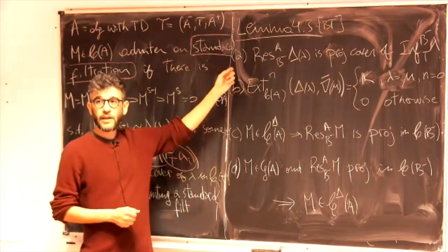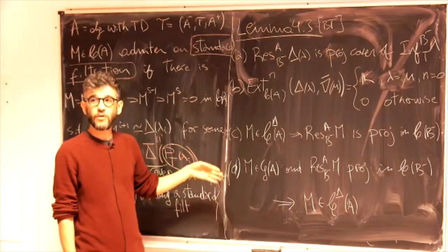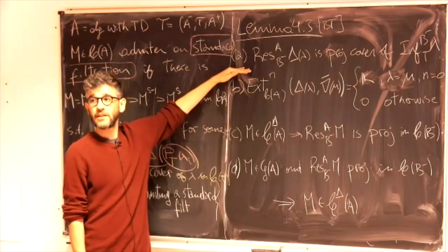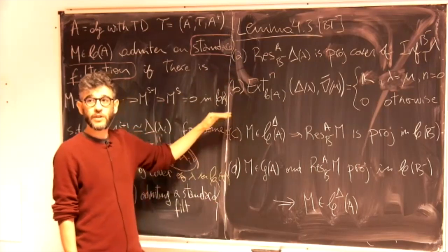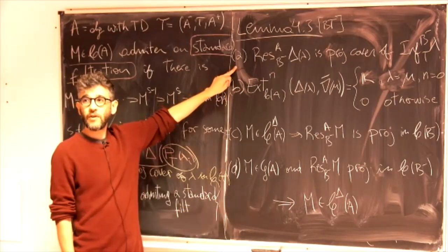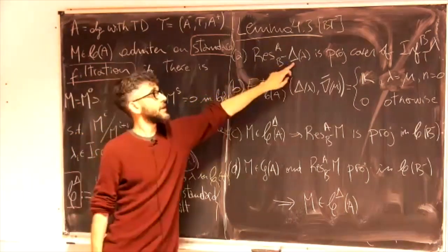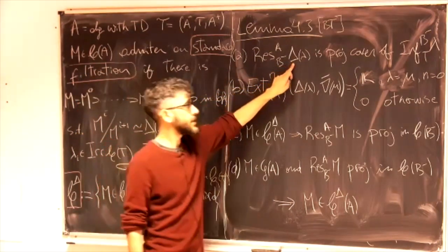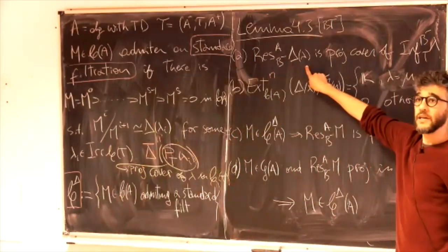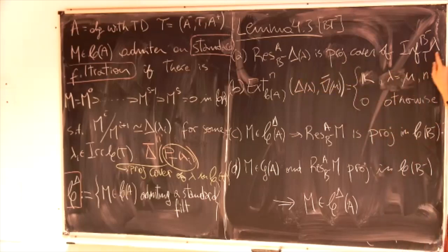And we ended the last lesson with this lemma. We proved the first part, and today we will prove the other three parts. So the first part of the lemma says that this standard module that I just defined is a projective cover of the inflation in the category of B minus modules.